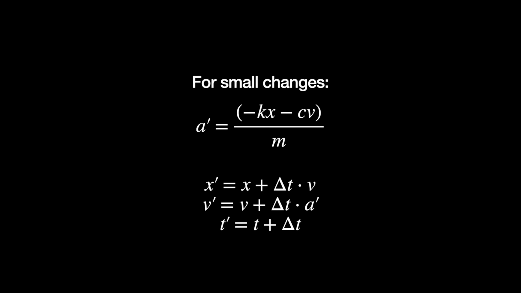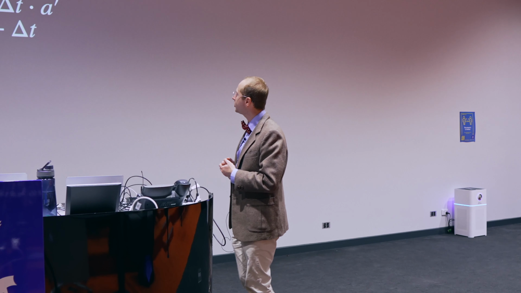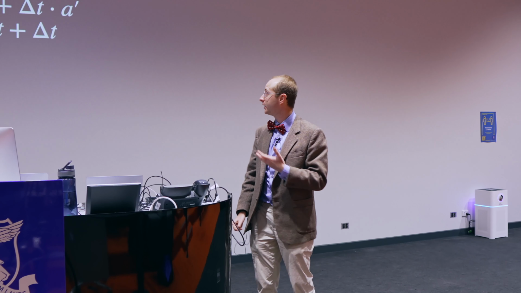For a very small change in time, so if we go from second t equals 0 to second t equals 0.0001, we can use these equations without having to solve the full differential equation to calculate what the change in all our different variables are going to be. In this case, we're ultimately aiming to characterize the position of the mass at a given time. So the thing we're going to focus on is x, which is the position.